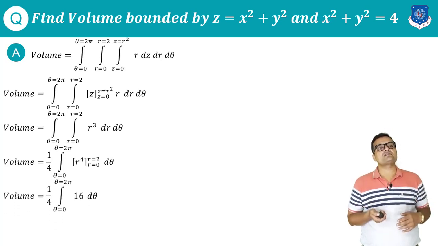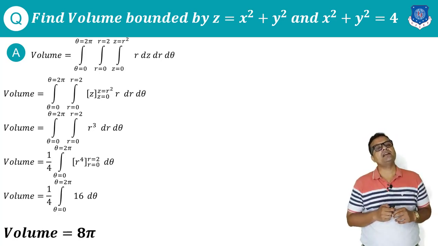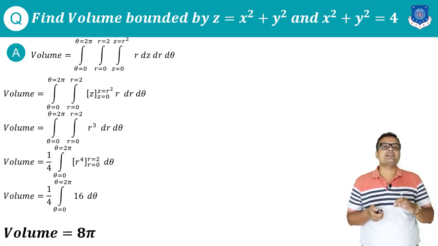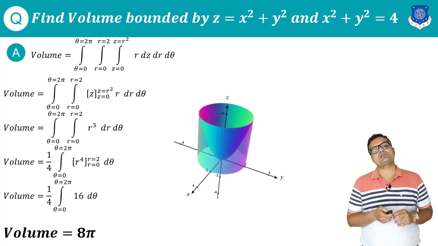Finally it will give me answer 16, and then taking theta into the count, the value will be 8 pi. So this simply means that the volume of this object, which was covered by z equal to x square plus y square and x square plus y square equal to 4, is nothing but 8 pi.